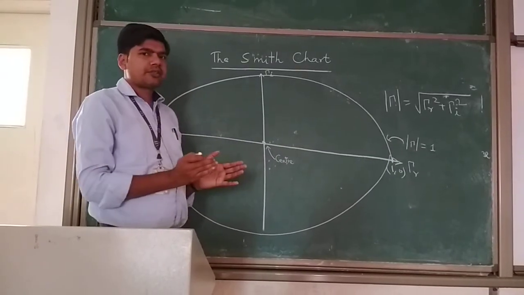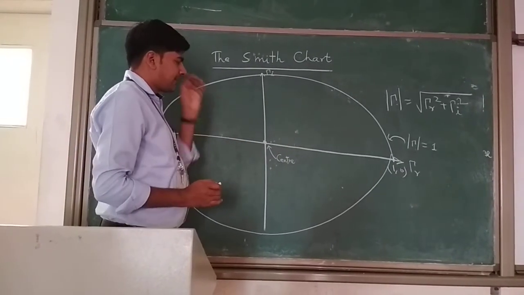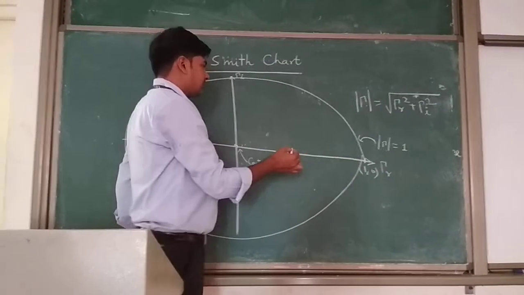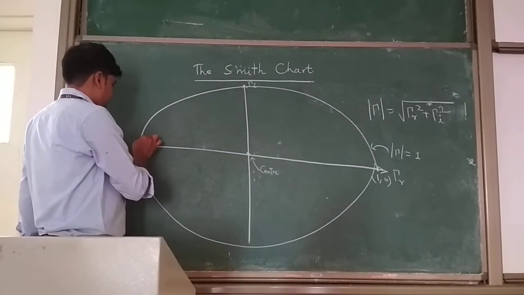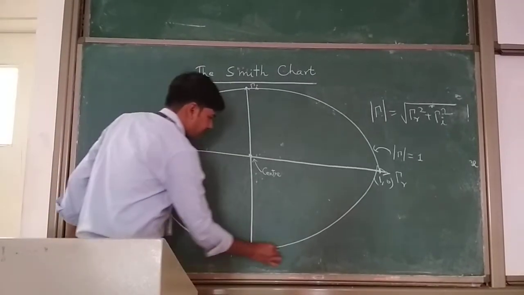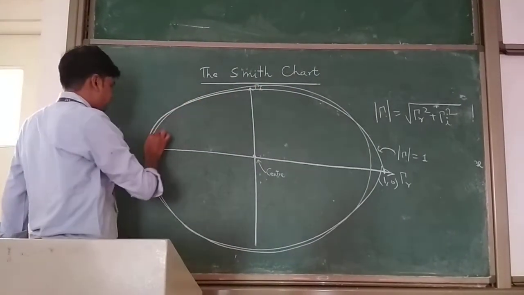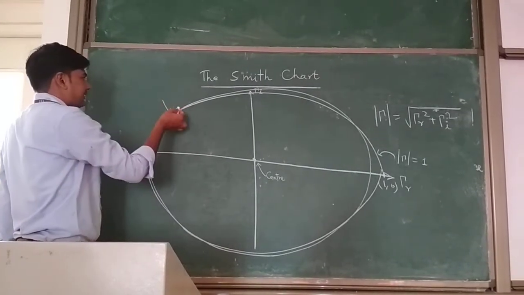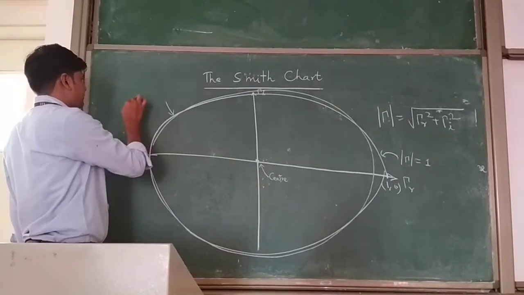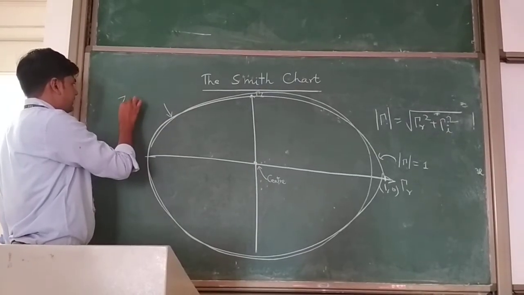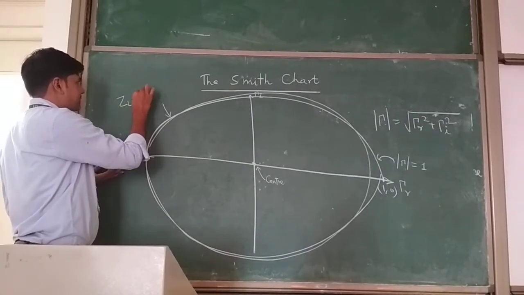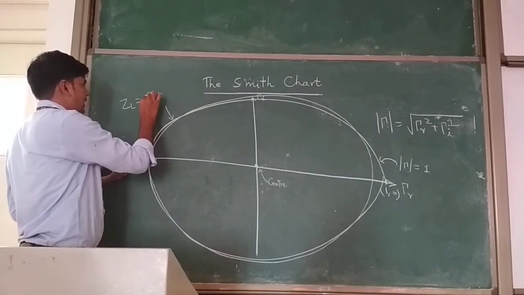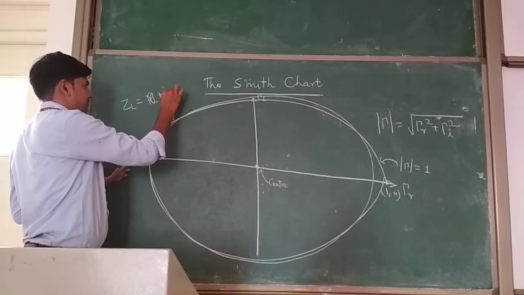Now we have to merge the impedance plane. So in the impedance plane, this circle will represent the real part of impedance. So we have ZL impedance, which can be written as RL plus jXL.